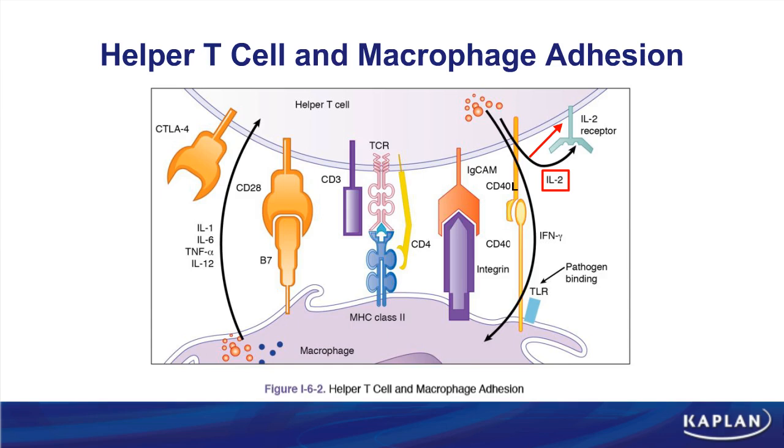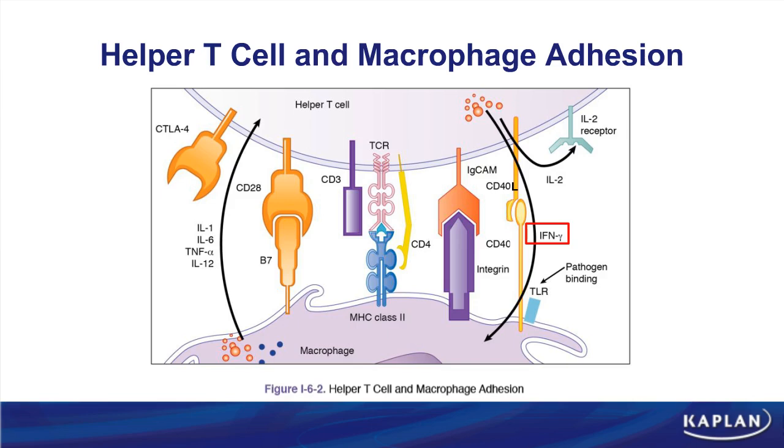Since this particular T cell has been defined as a Th1 cell, the other important cytokine it is going to produce is interferon gamma. And that interferon gamma is going to cause several different cells to change their behaviors. One of the very important things that it does is it works upon macrophages.